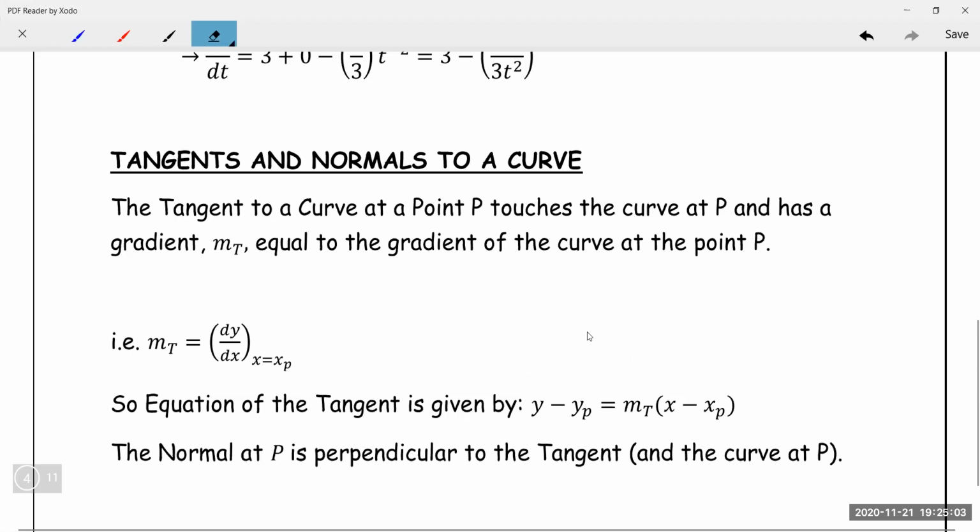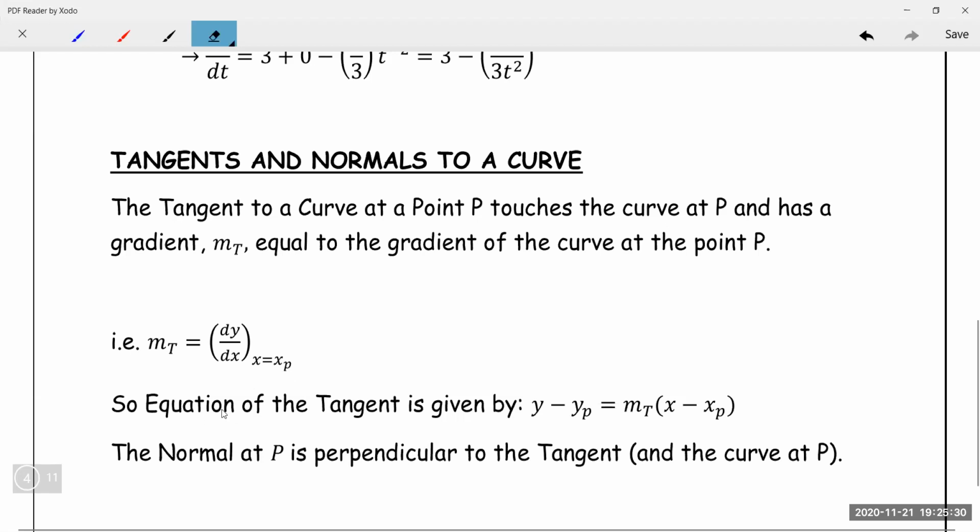The tangent at a point P touches the curve at P and has a gradient mT, known as the gradient of the curve at that point. So to find the gradient of the tangent, you find dy by dx when x is equal to whatever the x value at P is.